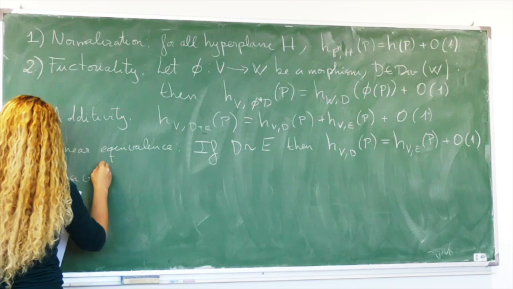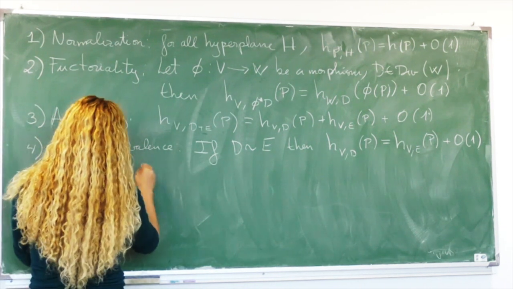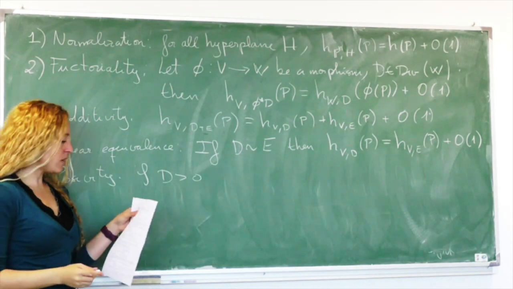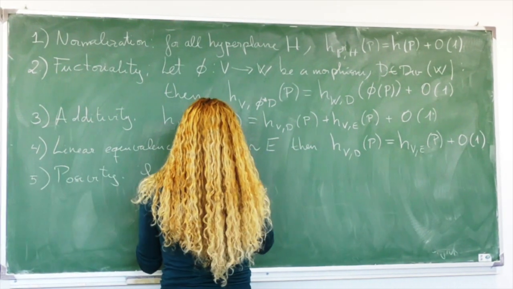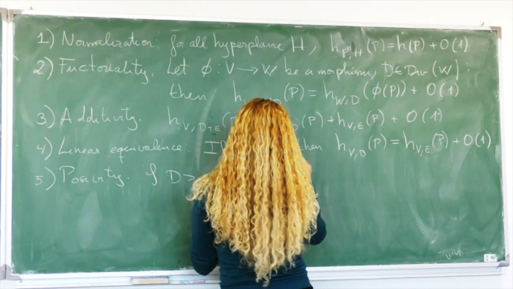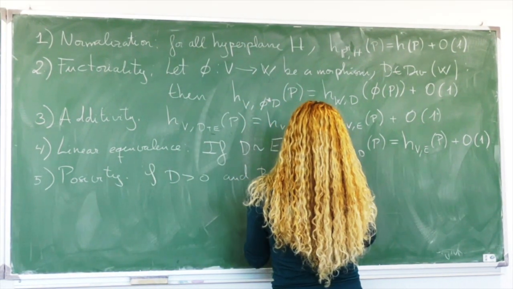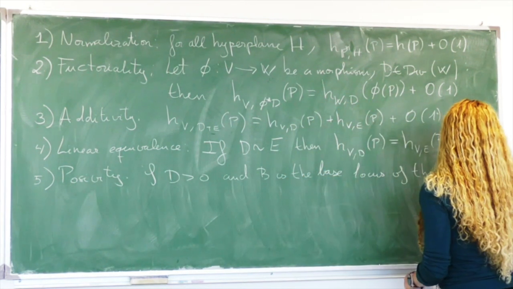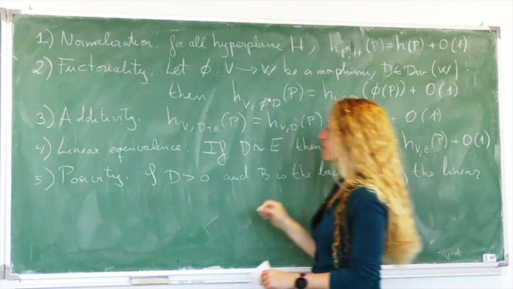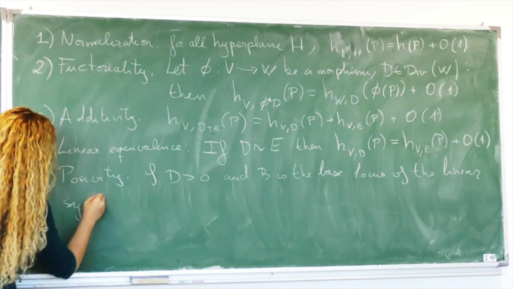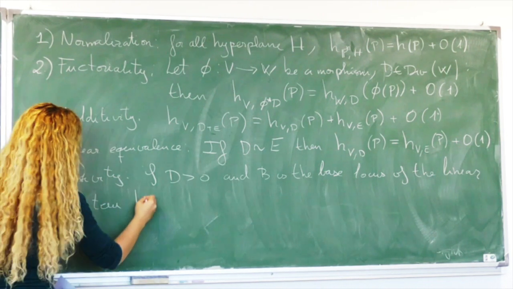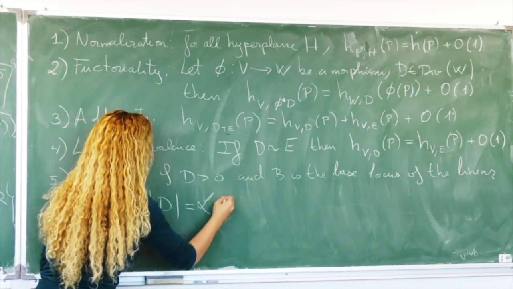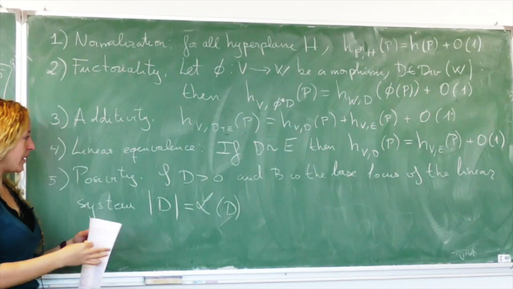Okay. Five, positivity. If D is an effective divisor, and B is the base locus of the linear system of D, we can write it like this, or we can write it as the Riemann-Roch space like this.